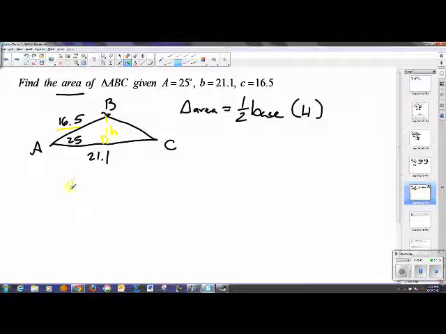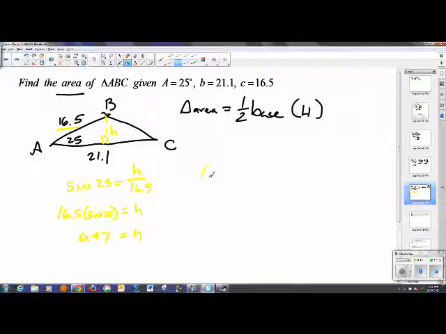All right, I'll take the sine of 25 is equal to the opposite side, which is h, over the hypotenuse, which is 16.5. H then is equal to 16.5 times the sine of 25. And I can get that in my calculator. So in this case, the height is roughly 6.97.